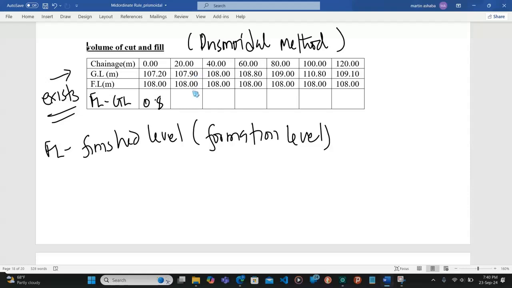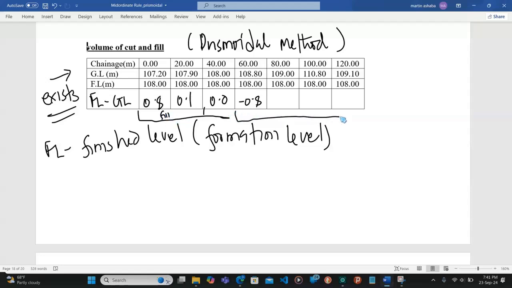And if I subtract this minus that, I have 0.1. If I subtract this, I have 0.0. If I subtract the 2, I'll have negative 0.8. So this represents a cut, and this represents a fill. So from here up to there, we are talking about fill.